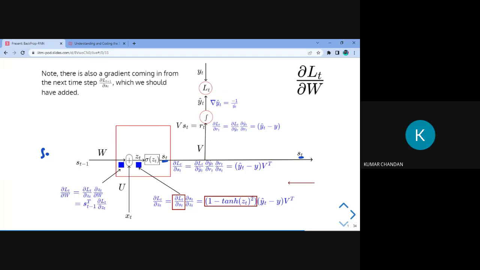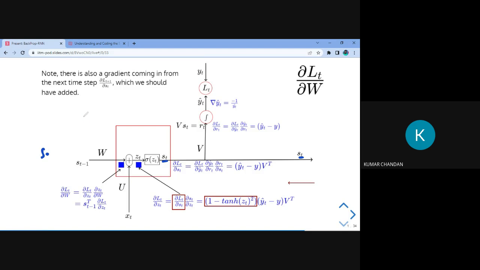We can do one thing here when we go for backpropagation. Two things are important. One is ∂S_t/∂W, which is explicitly just the previous W. The second is ∂S_t/∂S_{t-1}. Only these two things will be there, and ∂S_{t-1} itself will follow the same process.